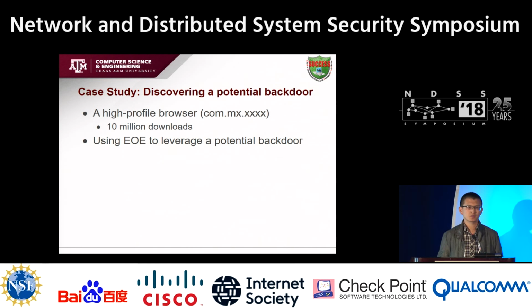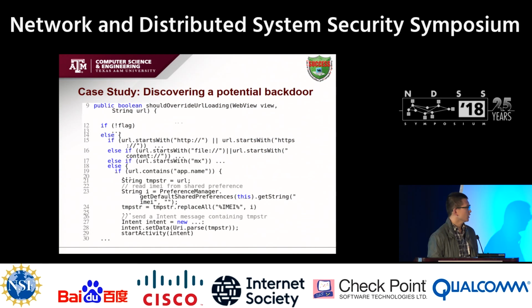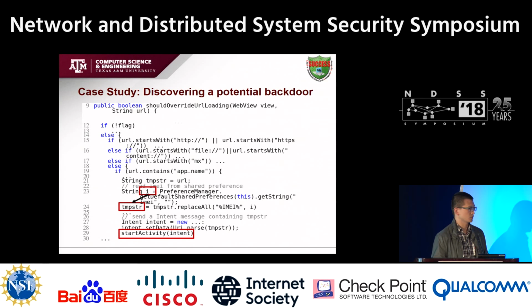However, using our system, we can still discover that there is still a possibility for attackers to leverage this functionality. This is the code, and we can quickly go through it. Firstly, the IMEI is read to a temporary variable, and then it is transferred to another one. And finally, it's sent out through an intent, which is an inter-component mechanism in Android.